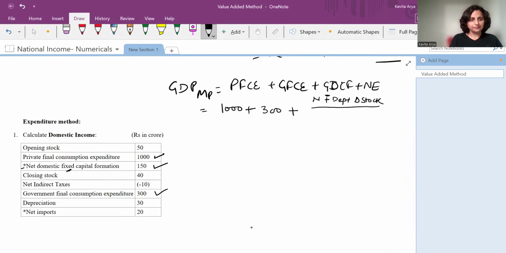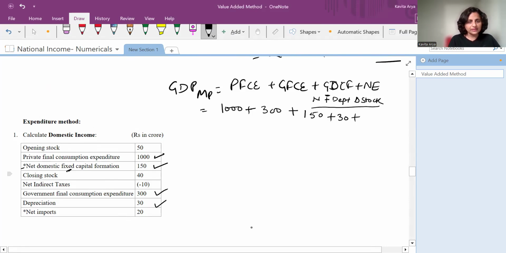So let's do it. It's 150 plus depreciation, which is given to be 30, plus change in stock. Stock is given in two parameters, closing and opening. So closing stock minus opening stock, 40 minus 50, that gives us minus 10.